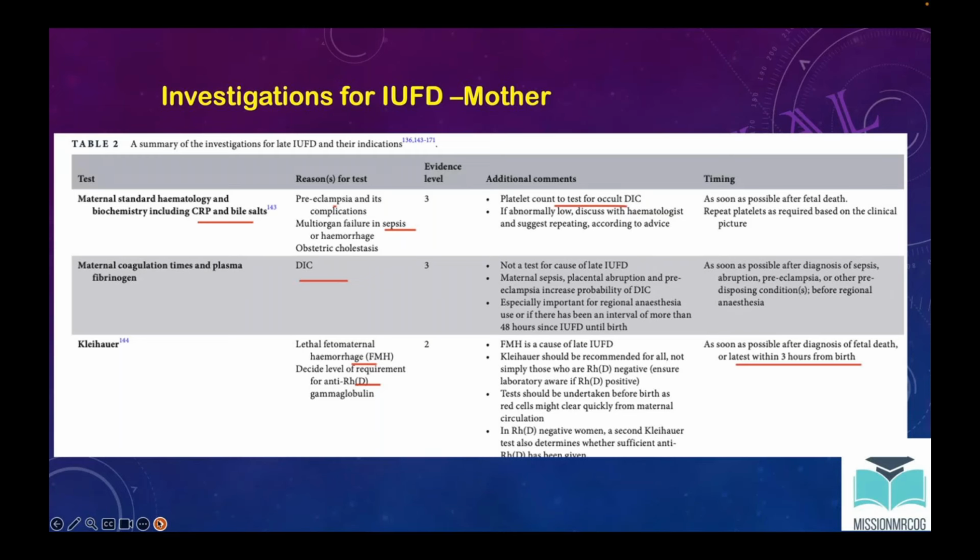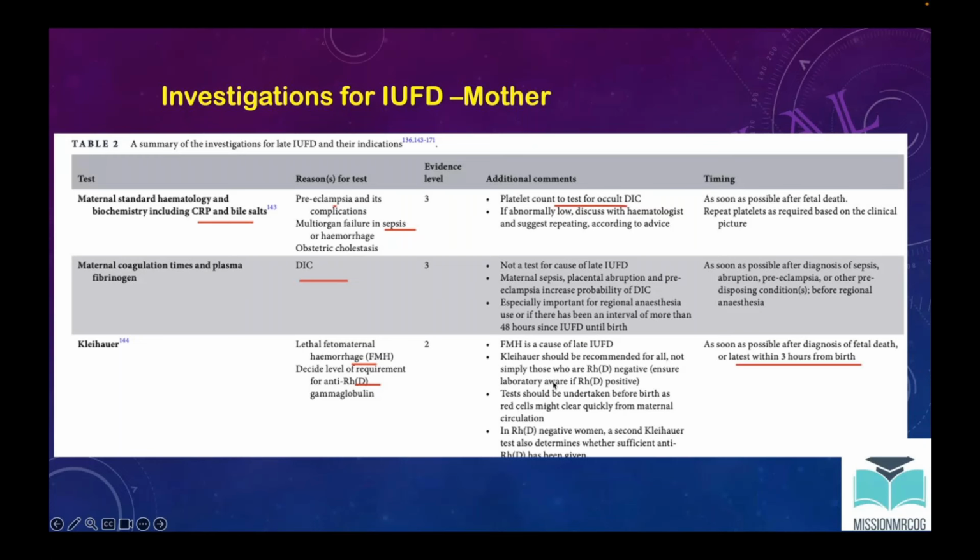FMH is a cause of late IUFD, and this test has to be recommended for all. It is not only for those who have an RH negative blood group. It should be done even if the patient is RH positive. So this part is a little tricky, and questions for part 2 and part 3 both come from here.